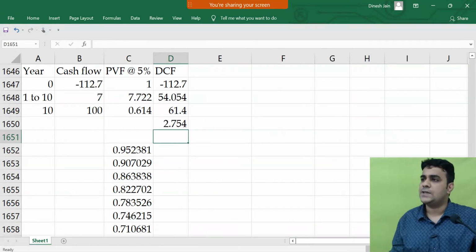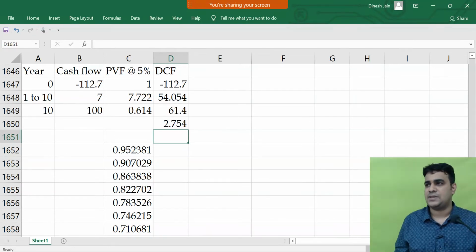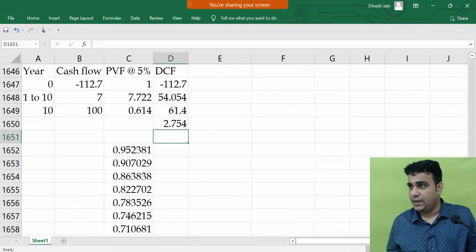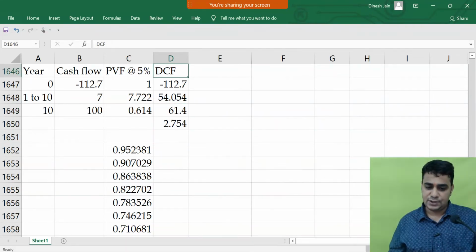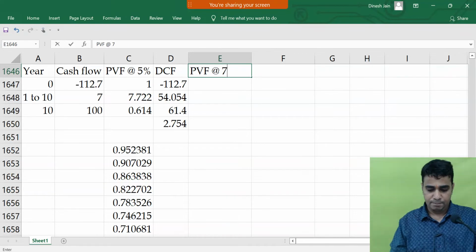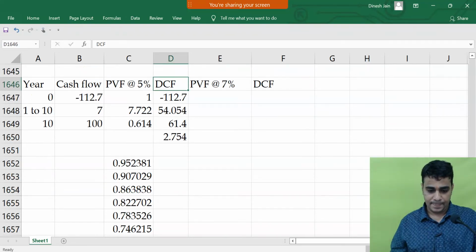I can increase it to 6, I can increase it to 7 also. If I increase it to 7, high probability I'll get a negative NPV. If I increase to 6, maybe again I may get a positive NPV. So I'll increase it to 7. PVF at 7% and DCF.